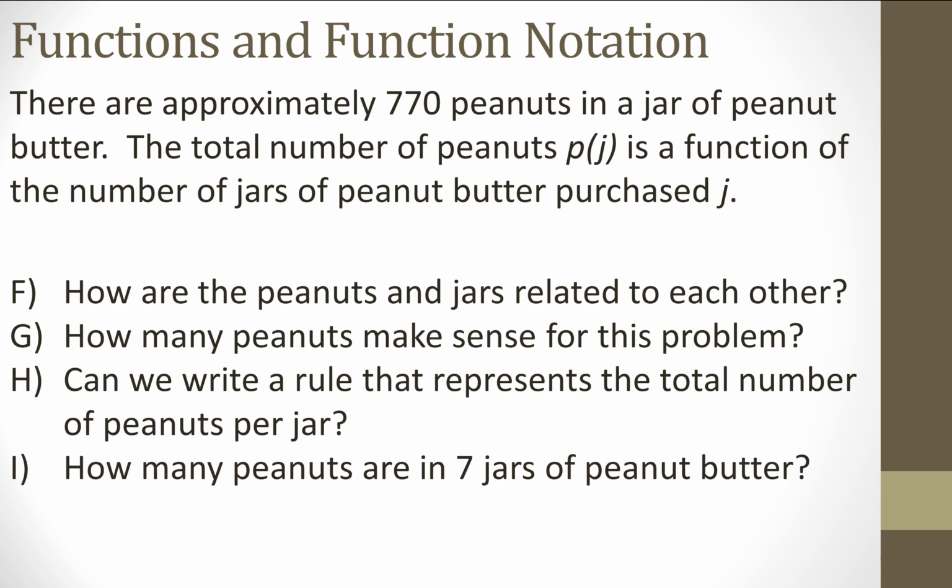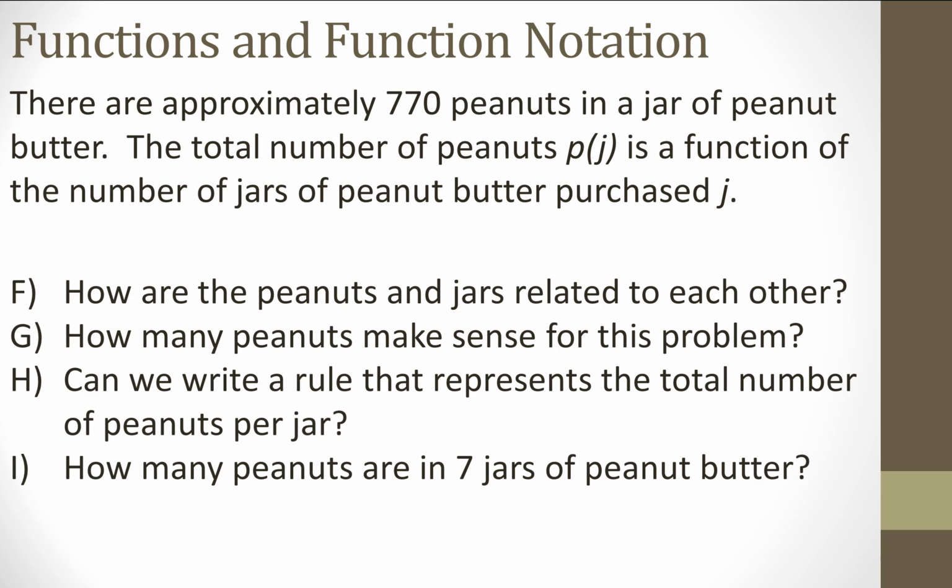And if I wanted to go more in depth, I could write that as a function in function notation, and I could say P of J is equal to 770 times J, and that would be for H. P of J is equal to 770J. And that lets us solve letter I. How many peanuts are in 7 jars of peanut butter? That means I would have to plug that in.